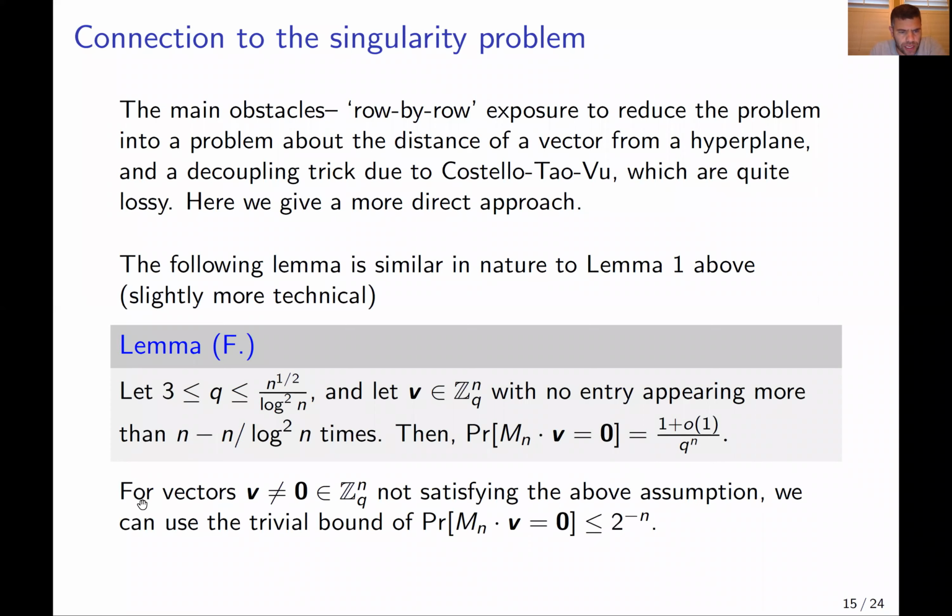And we will need another simple observation: for every non-zero vector v, if you think about it for 2 seconds, you can convince yourself that we always have this trivial bound, that the probability that M_n times v is 0 is at most 2 to the minus n. Because we can just look at one non-zero entry of v and condition on the rest of the matrix except for this specific column.